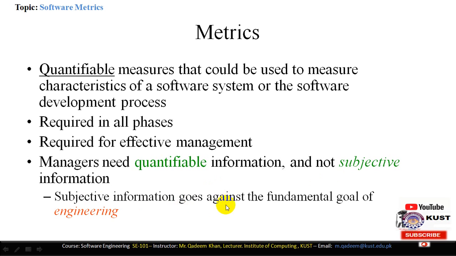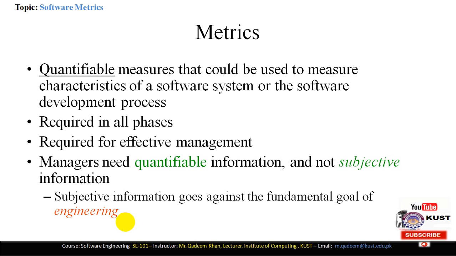Subjective information goes against the fundamental goal of engineering. For example, in civil engineering, we say that the speed of the aircraft is a particular number of miles per hour, or the speed of the car is, for example, 90 miles per hour. That is quantifiable information.